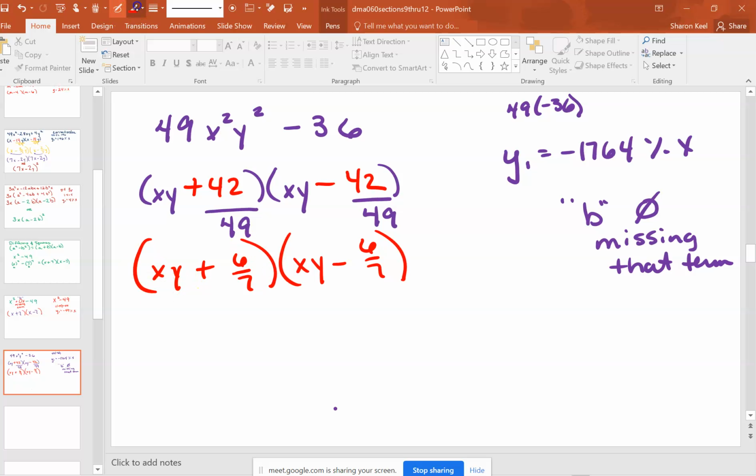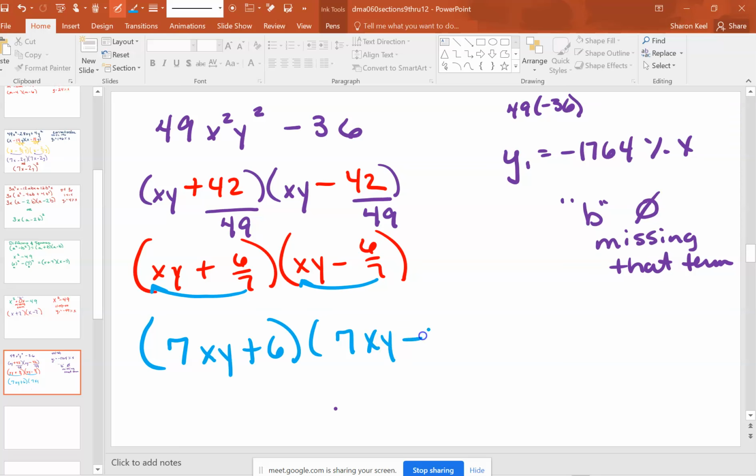To do our final answer, we have to take this denominator and move it up in front. So final answer is going to be 7xy plus 6 and 7xy minus 6. So the method that I've taught you using the calculator is going to function for all of your sections, 9, 10, 11, and 12. Okay?